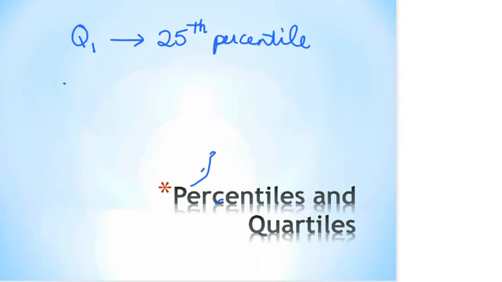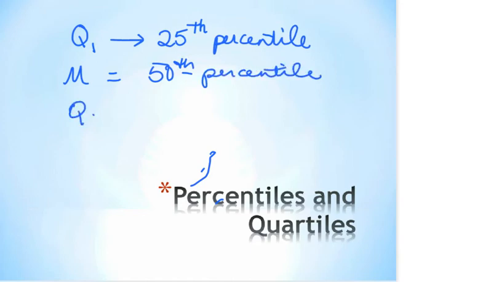The median would represent what? Oh, that's right, the 50th percentile. And quartile 3 represents the 75th percentile. It all goes together.